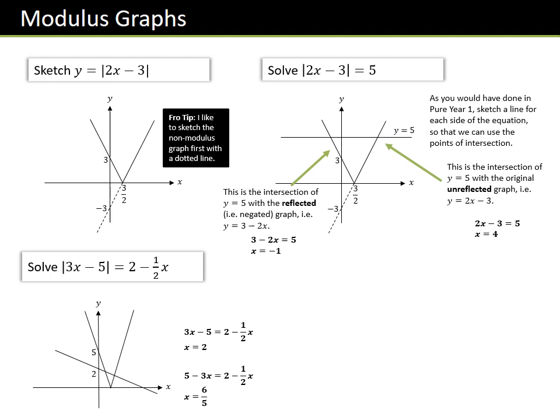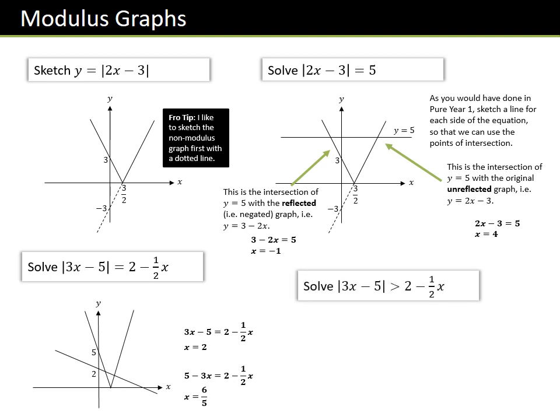And at the intersections, I do two versions. I do the positive version, which is the easy bit, which is just 3x minus 5 equals 2x minus half x. And then I do the negative version, the negative arm of the graph, which is the negative version of the modulus function. So that's going to be 5 minus 3x equals my other function, and just solve that.